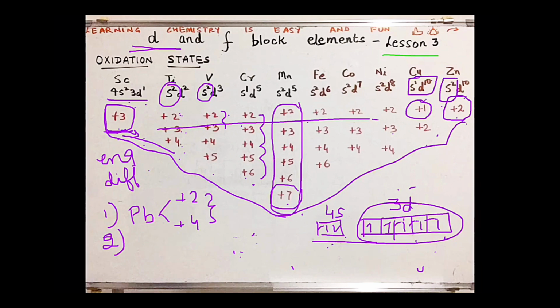Again, as we advance towards the right, the number of oxidation states being shown by the elements again shows a fall. Why? Because the electrons in the d orbital start pairing up. Simple. It would do you good to draw this table yourself and try to give reasons for this behavior on your own rather than looking for answers, right?